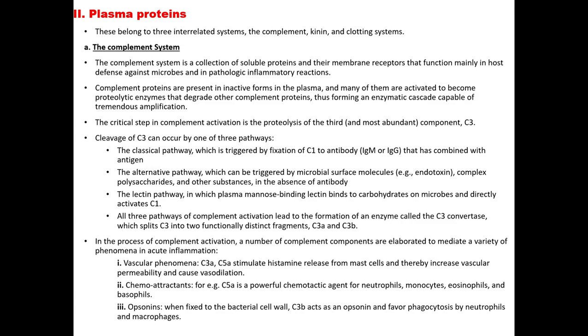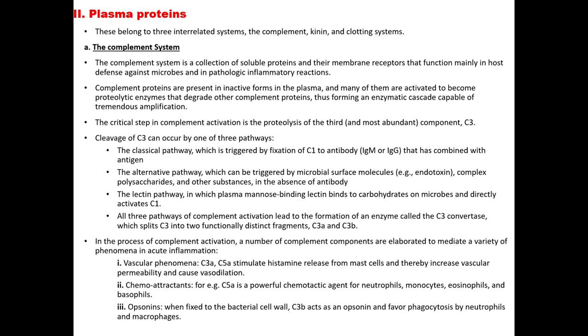The complement proteins are present in inactive form in the plasma, and many of them are activated to become proteolytic enzymes that degrade other complement proteins. So they form an enzymatic cascade, a series of enzymes, capable of tremendous amplification because of the repeated cleavage.